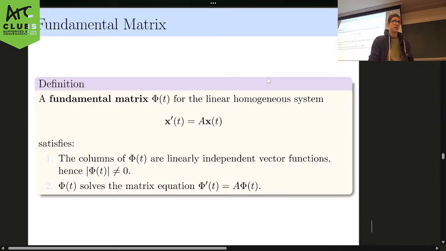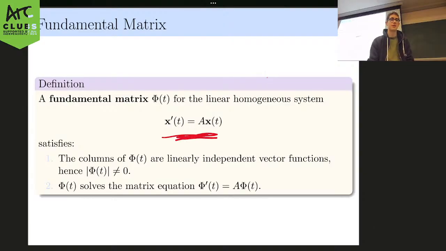So now to work in the case where we might not have a diagonal matrix, we first need to define what's called a fundamental matrix. We have a fundamental matrix with respect to this differential equation, the one we've been trying to solve on previous slides, if it satisfies two criteria.